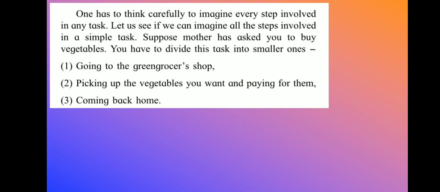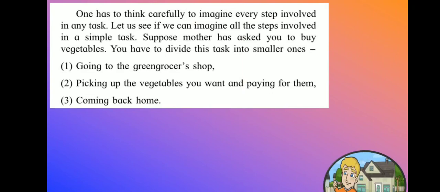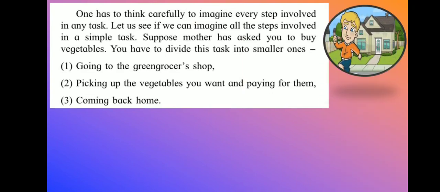One has to think carefully to imagine every step involved in any task. Let us see if we can imagine all the steps involved in a simple task. Suppose mother has asked you to buy vegetables. You have to divide the task into smaller ones. First one is going to the greengrocer shop.